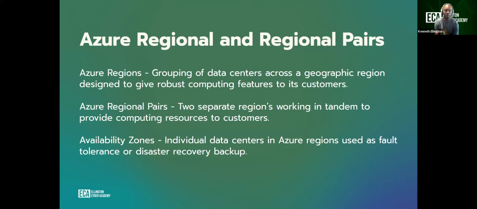But specifically for Azure, you have Azure regions, regional pairs, and availability zones. So Azure regions, think of those as you have the US West region, US Central, US East, US South, for example. These are basically just grouping the data centers across different geographical regions designed to give different robust computing features, right?